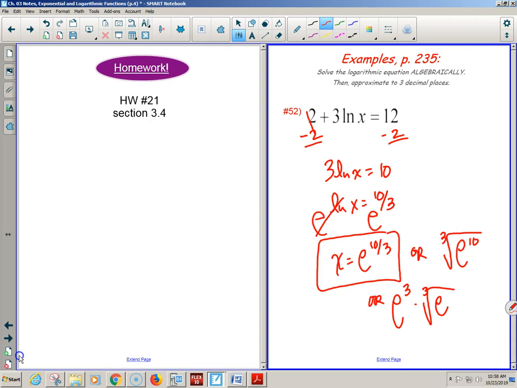Because, remember, if we're trying to simplify radicals, we pull out things like square root of 8 becomes 2 root 2, because this has a square root of 4 and a square root of 2. That's kind of what's happening here. You could also look at it as 2 to the 3 halves, which is 2 to the 1 and a half, which is 2 times the square root of 2.